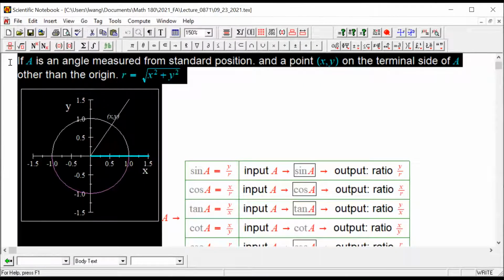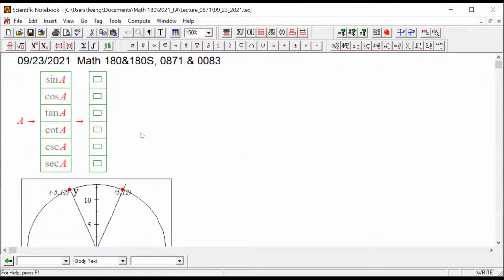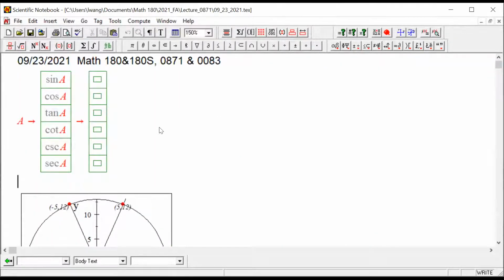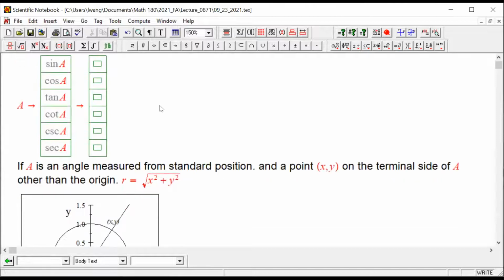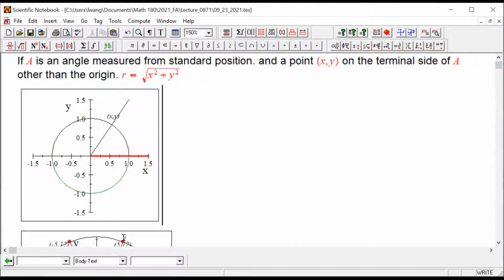So to that end, I'm going to bring back the definition and we're going to do a concrete example. You can see I already have the example ready for you.